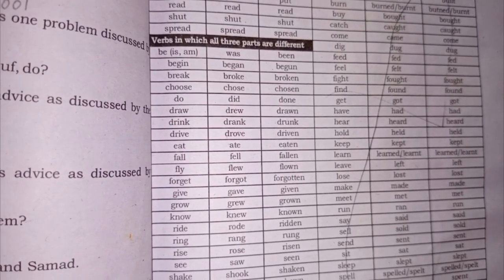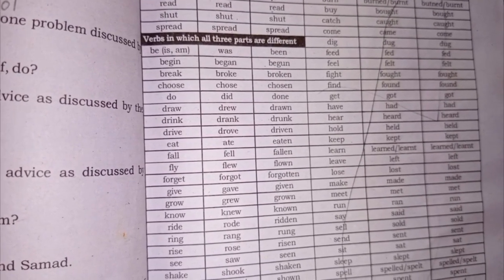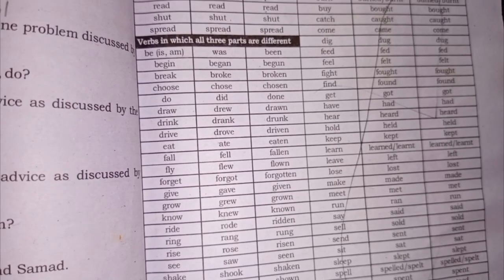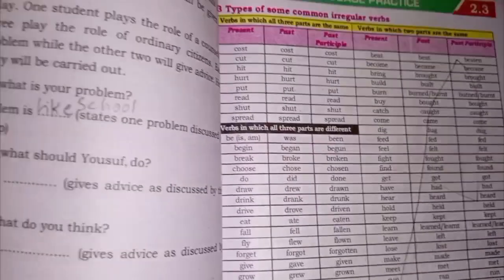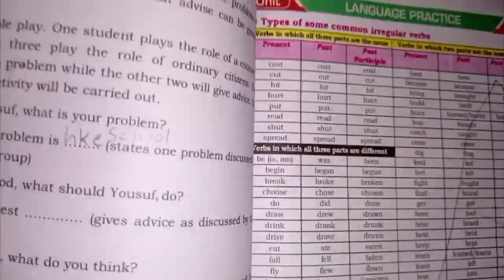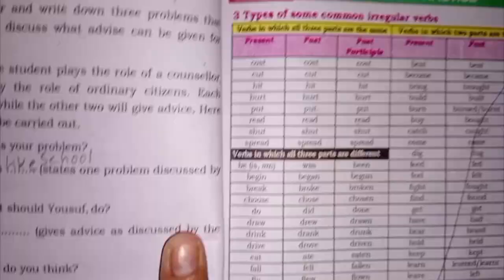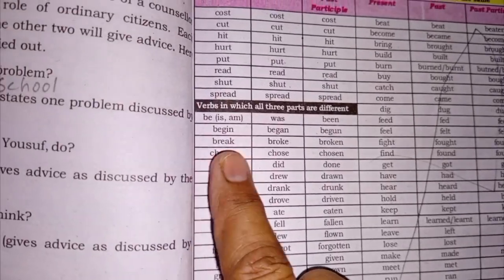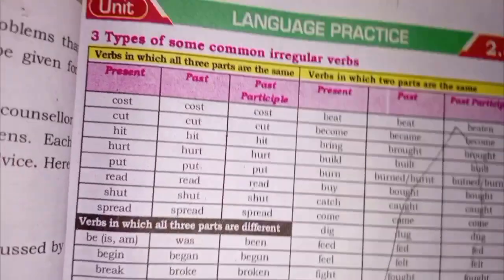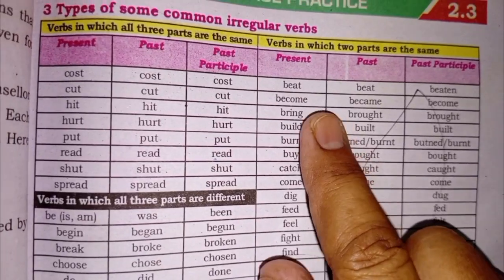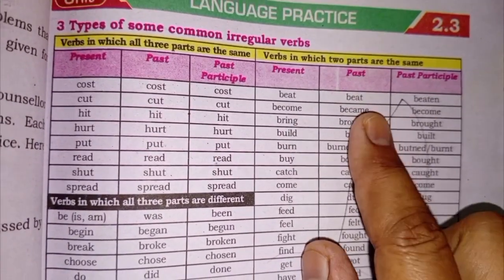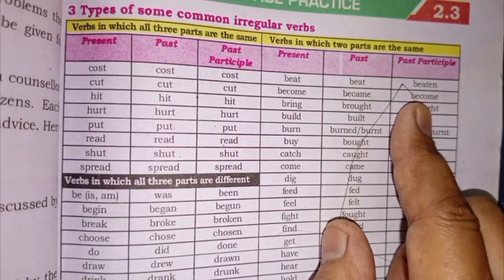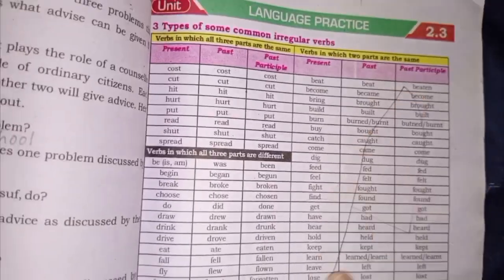Okay guys, I hope you have understood that regular verbs are simple to make by adding ed in the past and past participle of the verbs, but to make irregular verbs you have to follow three rules. First, all three forms are the same. Second, all three forms are different. And third, the last two, past and past participle forms, are made by interchanging the vowels or the letters.